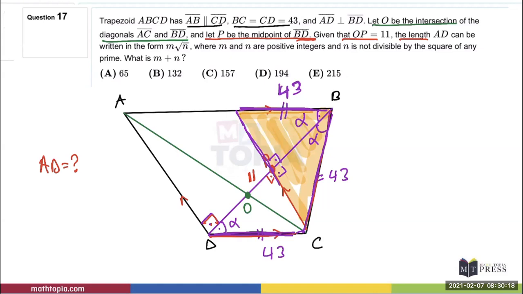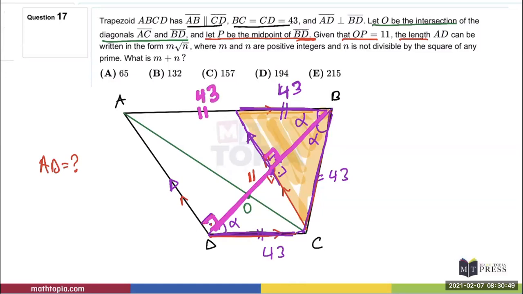But we have to use the midpoint idea as well, right? Since this is parallel and this P is the midpoint, these are the same, and then parallel means this is also 43.